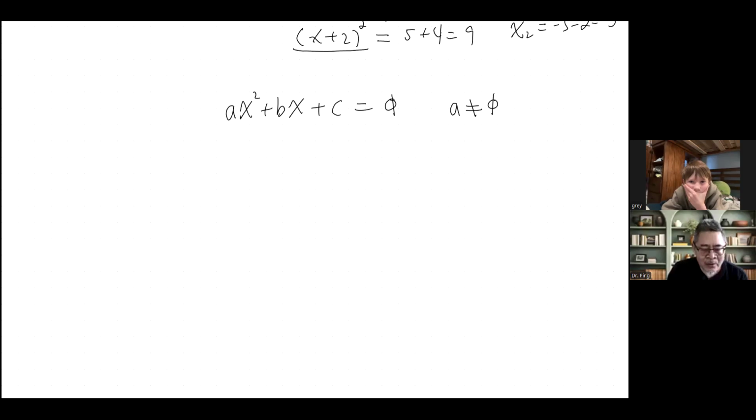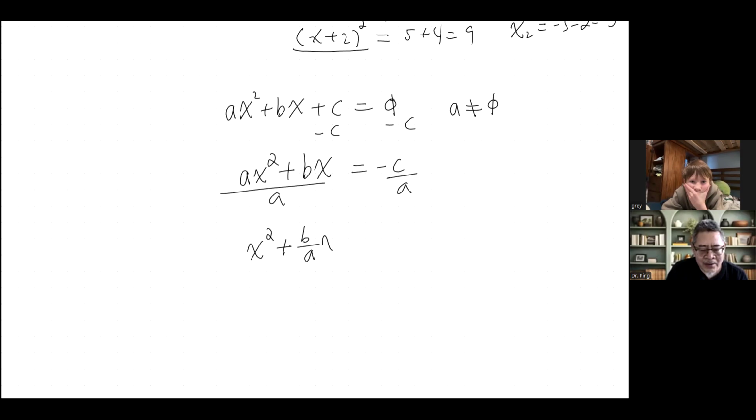Okay, so what we're going to do here is move c to the other side, minus c. Then we're going to divide by a, because a is not 0, so we can divide by a. Then we get x squared plus b over a x equal to minus c over a.